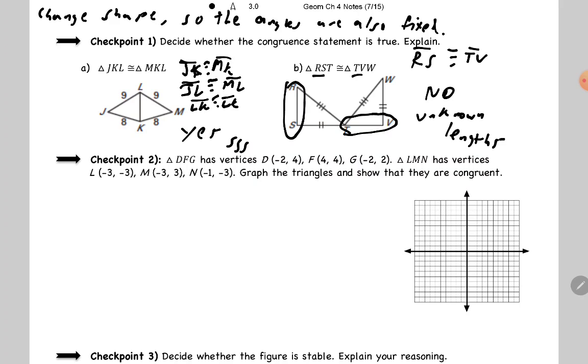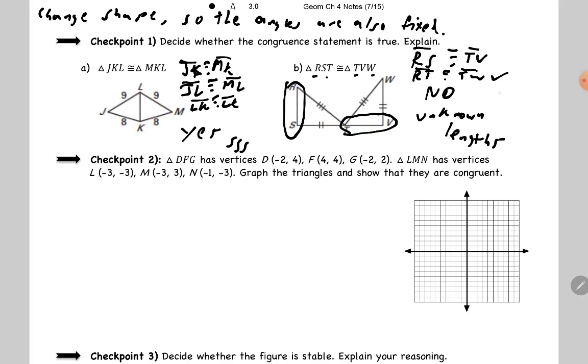If these did check out, I would check RT, so first and third, and TW. So is RT congruent to TW?